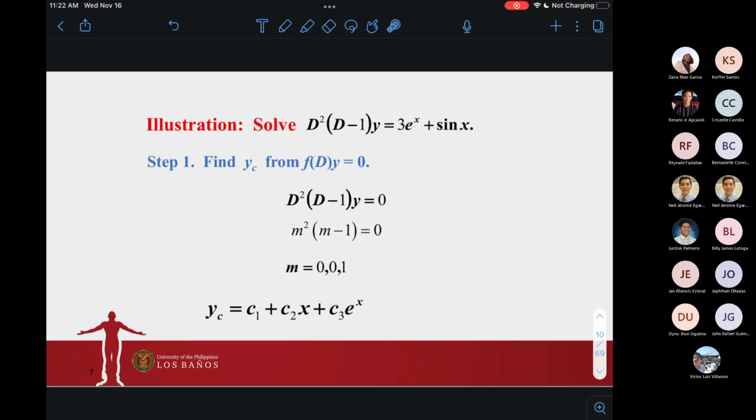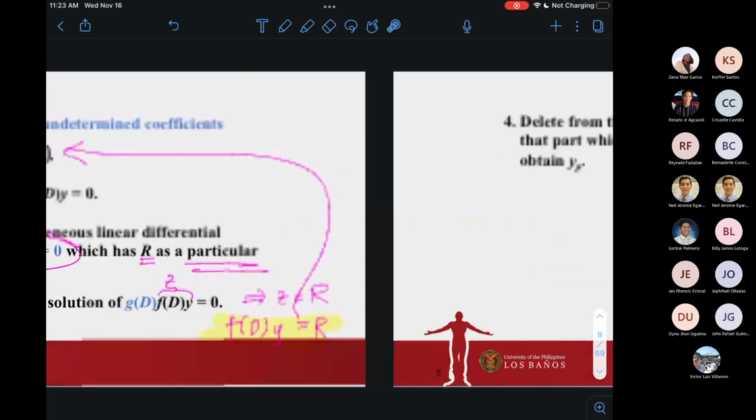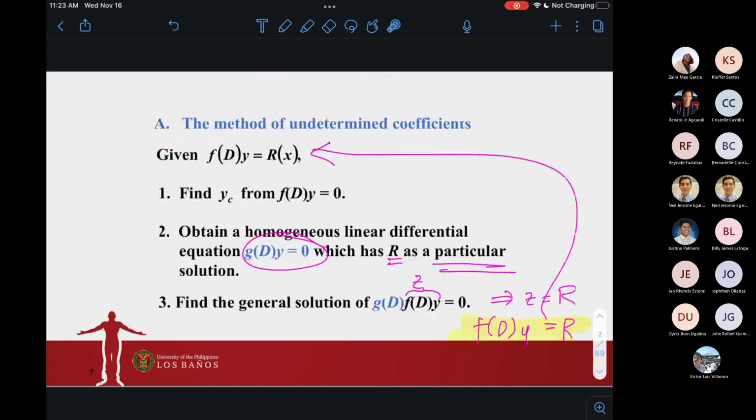Medyo nabudol niyo ako kasi ang plano ko mag-start dito sa dapat matapos ko yung slide set na to pero diniscuss natin yung natira sa section 3.5 which is okay din naman because since we have a good understanding of the last portion of 3.5 magiging mas madali sa atin hopefully yung step number 2. Kasi after step number 2, alright, so yung step 1 alam niyo na from section 3.5.